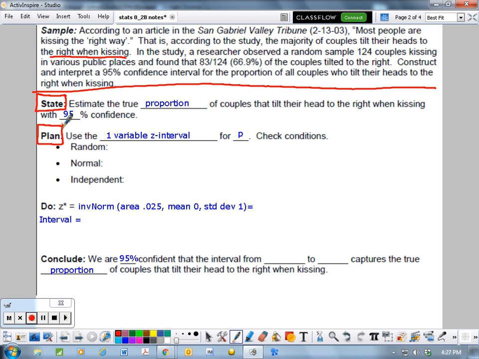We're going to use a 1 sample Z interval for P, or you can say I have a 1 sample confidence interval for proportions. To me, when I write it out like this, it makes more sense to me. That's what I'm doing. I'm doing a confidence interval for 1 sample for proportions. I'm good to go.